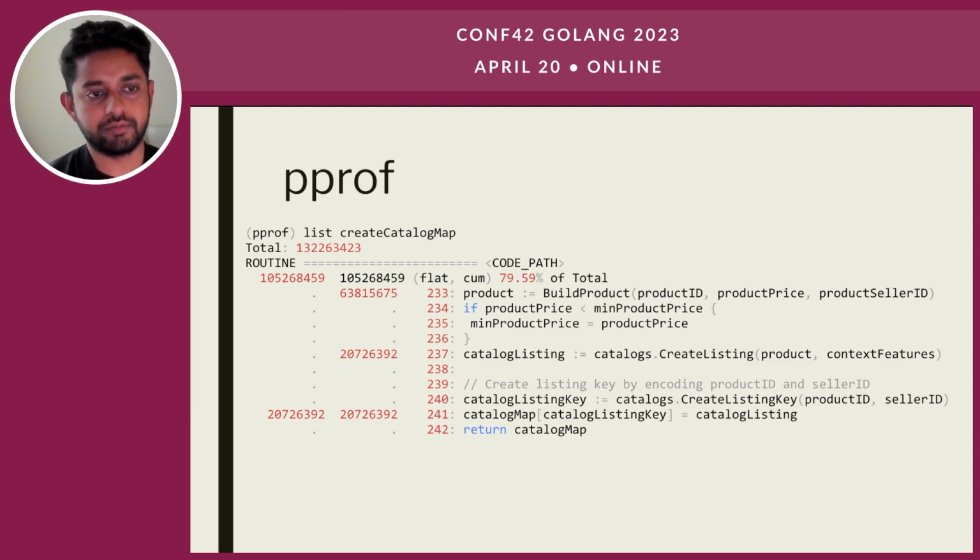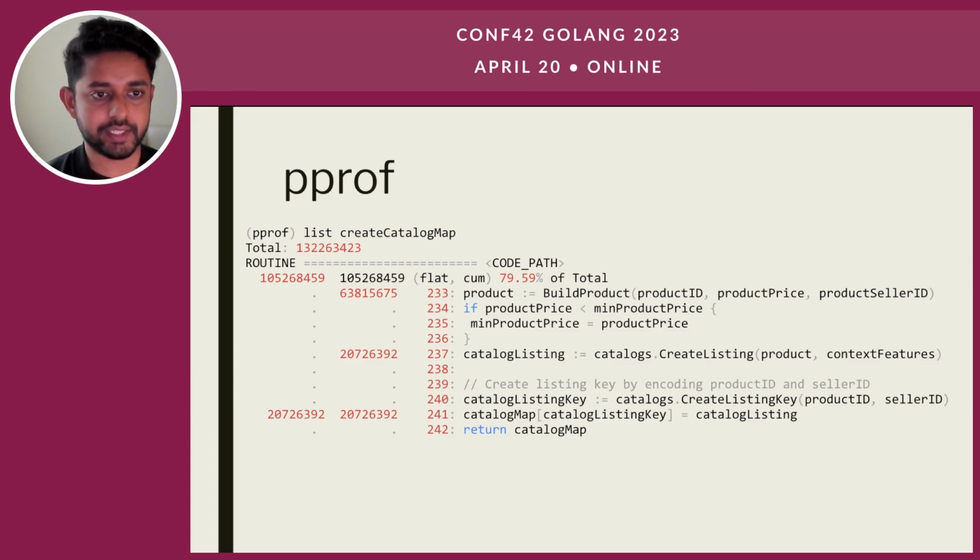In this one, this is a fake method, but let's say we have a method called create catalog map that is essentially creating this map of products that a particular seller has. We can jump in, and we know that this method creates a large number of objects itself. Here we can go in and see line by line exactly how many objects are allocated by each line in the method, and figure out where to focus our efforts.